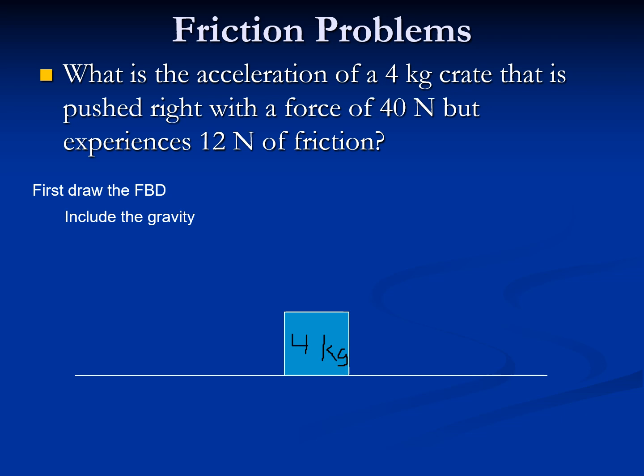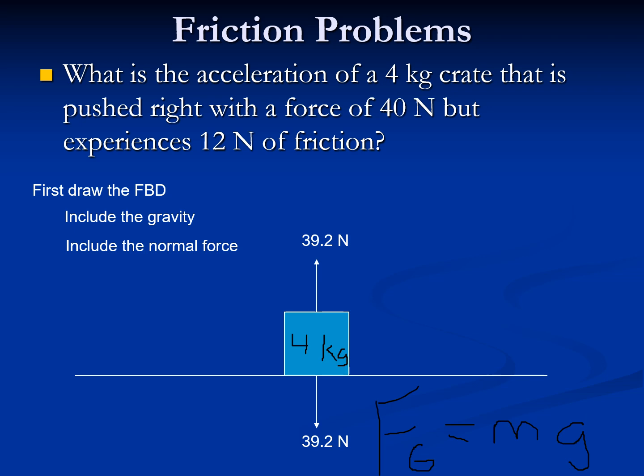So, gravity. Whoa, Pizzuto, where'd that number come from? Don't forget, F of G will always equal mg. Mass times gravity. The normal force. For now, the normal force does cancel the gravity. There you go.